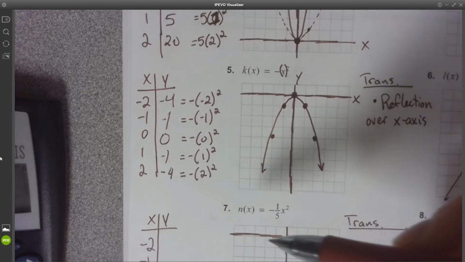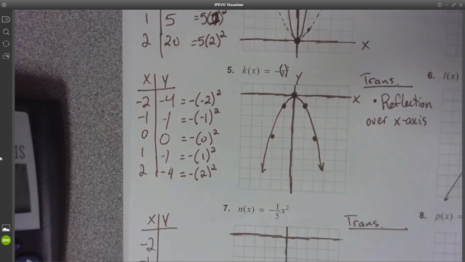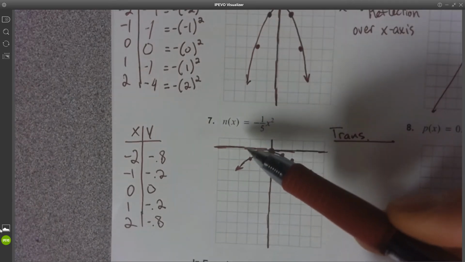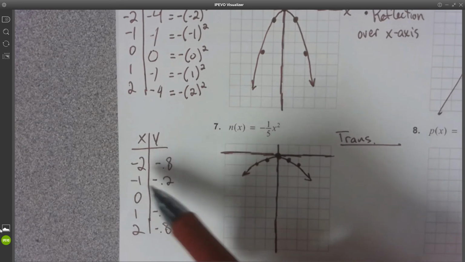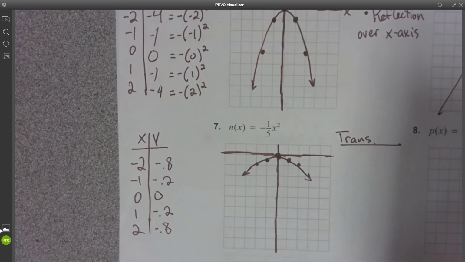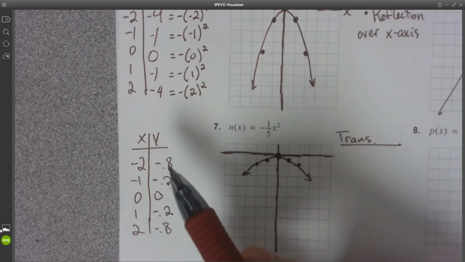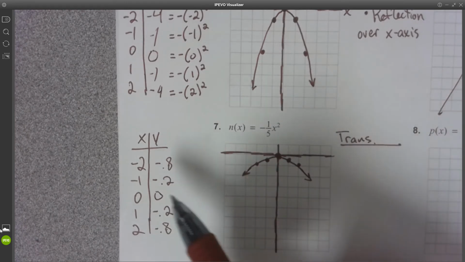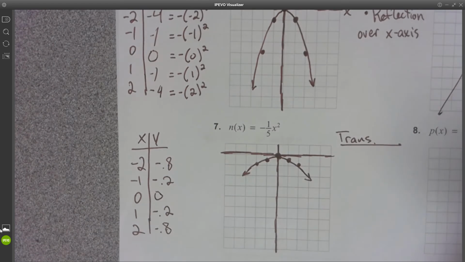So go ahead and try 4 and 7, same idea. Pause your video and give those a shot. For number 7, here are our x and y values when we substitute in for x. We should have ended up with negative 0.8, negative 0.2, 0, negative 0.2, negative 0.8.